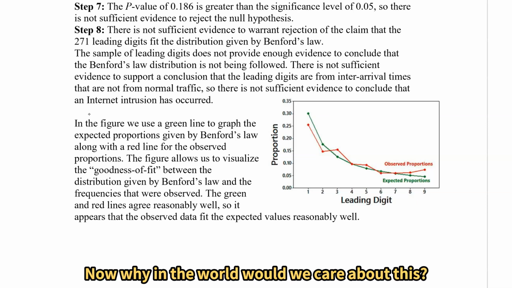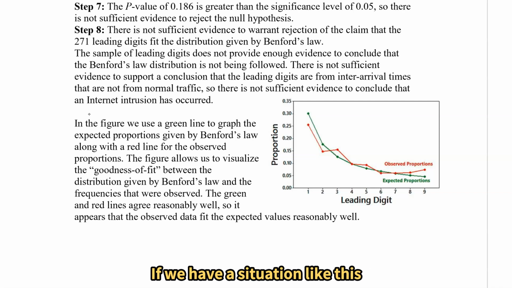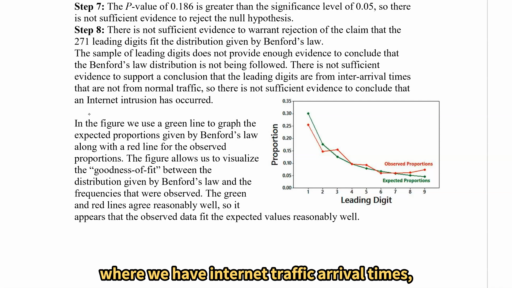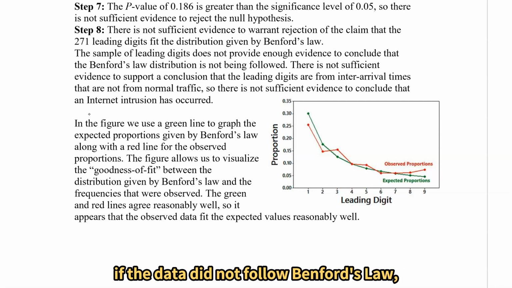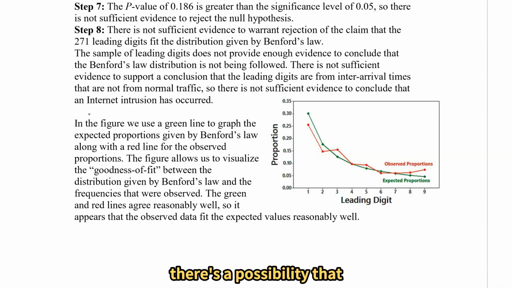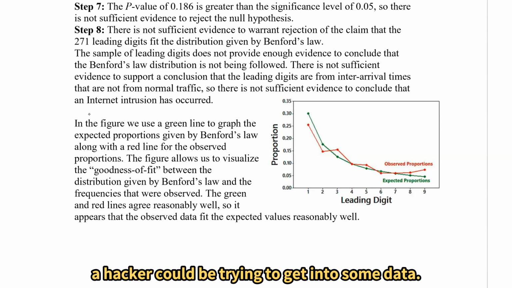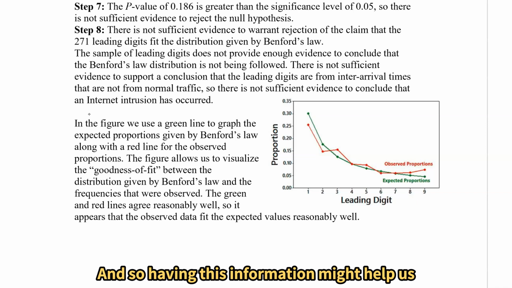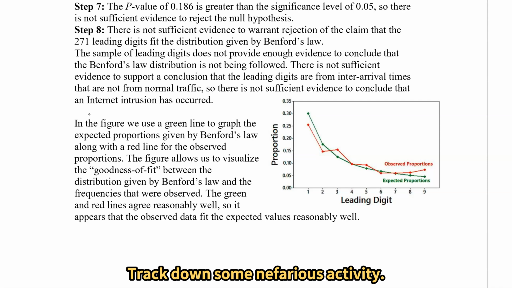Now, why in the world would we care about this? If we have a situation like this where we have internet traffic arrival times, if the data did not follow Benford's law, there's a possibility that a hacker could be trying to get into some data. And so having this information might help us track down some nefarious activity.